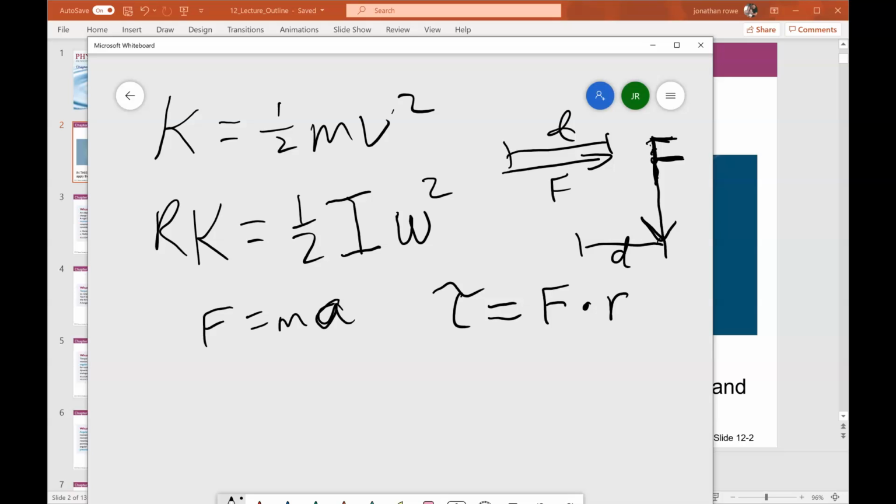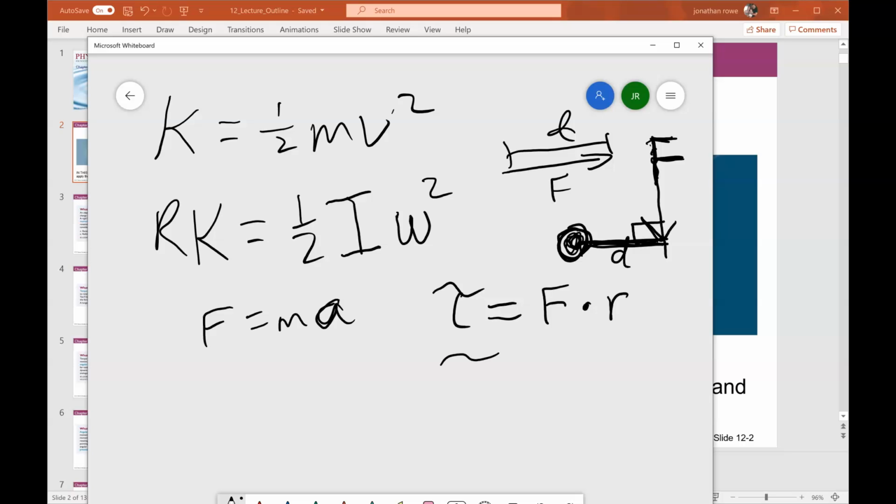Imagine here's a screw you're trying to unscrew, and it's really hard. What makes it easier is if you have a longer wrench, right? So the longer the wrench is, the more torque you get. It's the force, not times the parallel distance, but times the perpendicular distance, the distance that the force is away from some central turning point. So that's what that R is. R is that radius from the center of rotation.